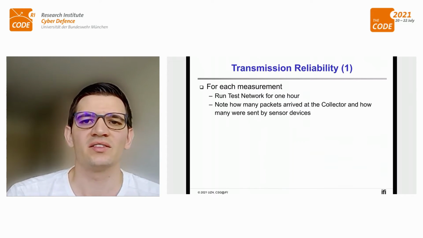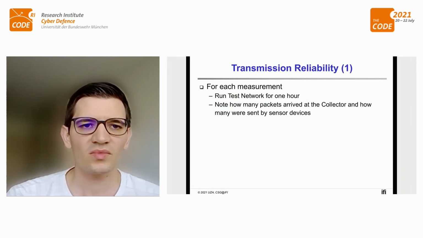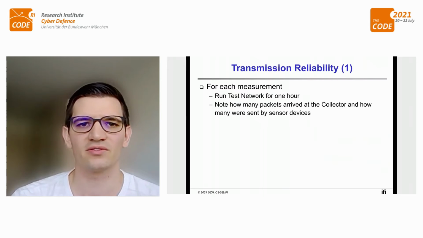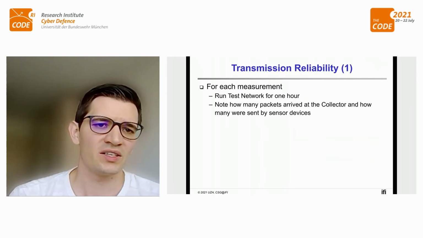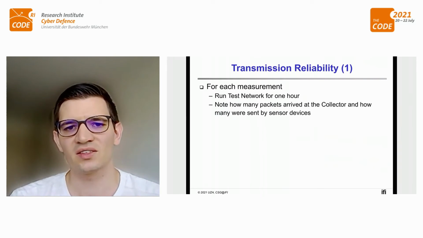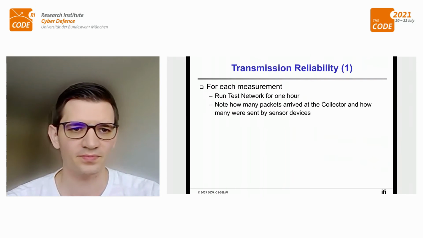We evaluated the transmission reliability of the system. For this, we made multiple measurements that ran for 1 hour each. We always noted how many packages were sent from the sensors and how many were received at the collector.